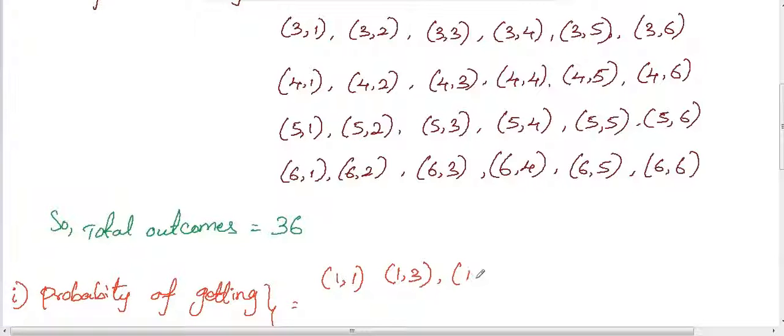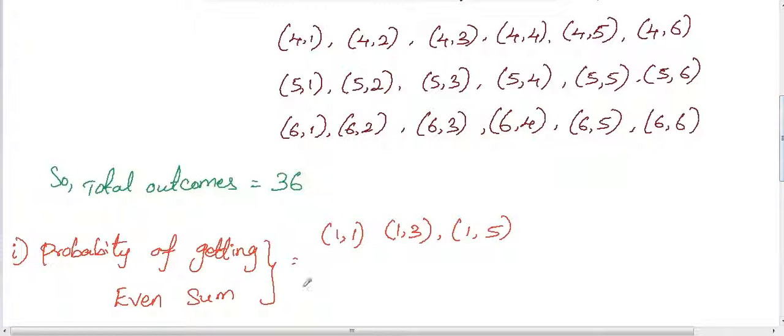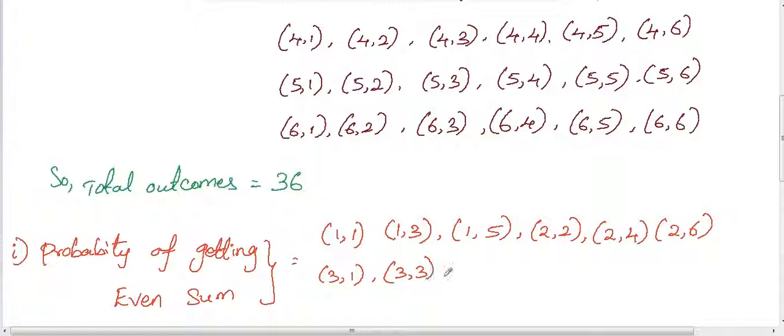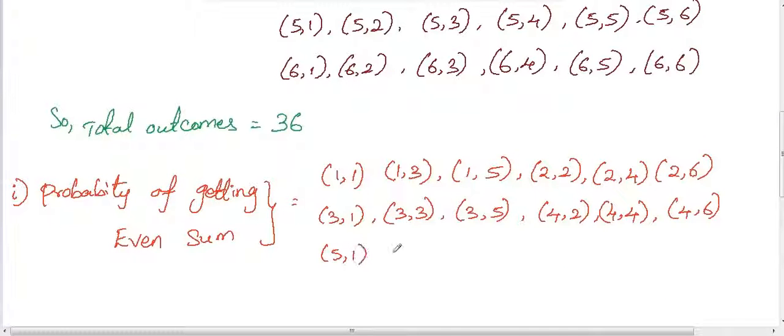So the possibilities are 1,1; 1,3; 1,5, and we'll get 2,2; 2,4; 2,6. And 3,1; 3,3; 3,5; 4,2; 4,4; 4,6. Also 5,1; 5,3; 5,5; 6,2; 6,4; and finally 6,6.